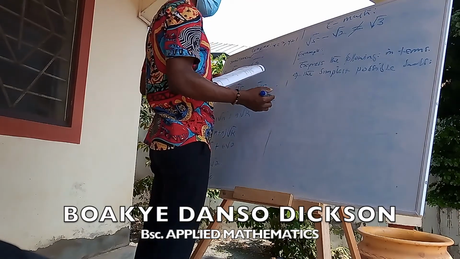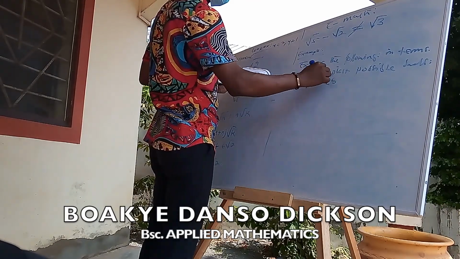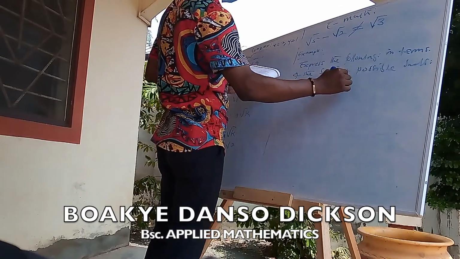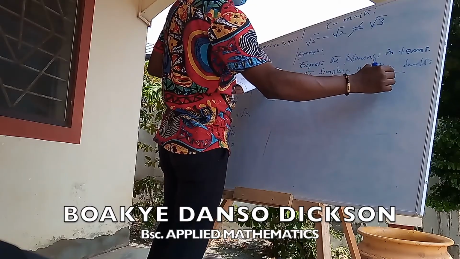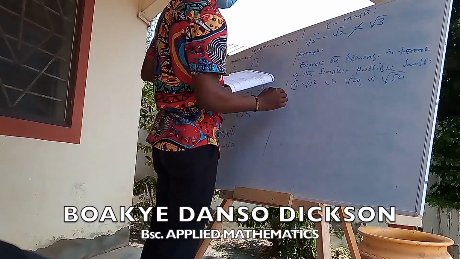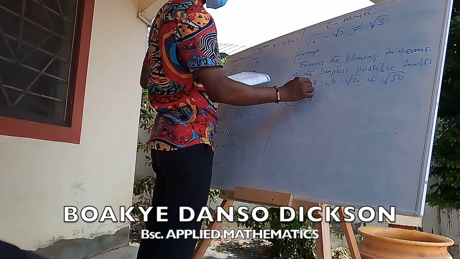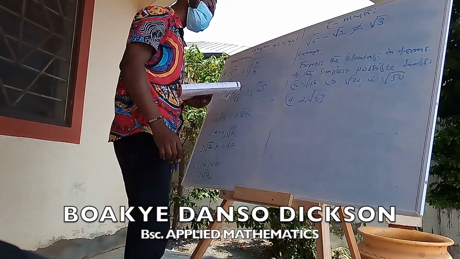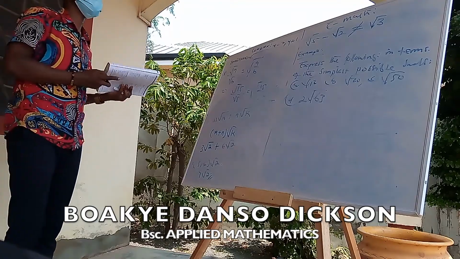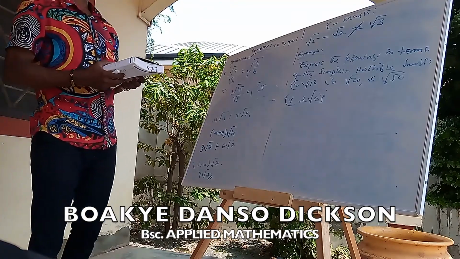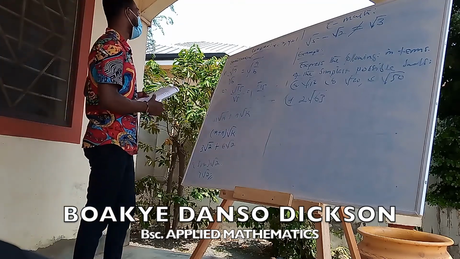Right? Good. A is set 12. B is set 20. C is set 50. And D is set 63. Very, very easy question. So express this in terms of the simplest possible sets by fishing out their perfect squares.